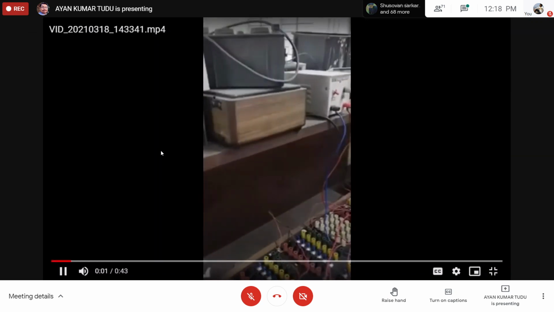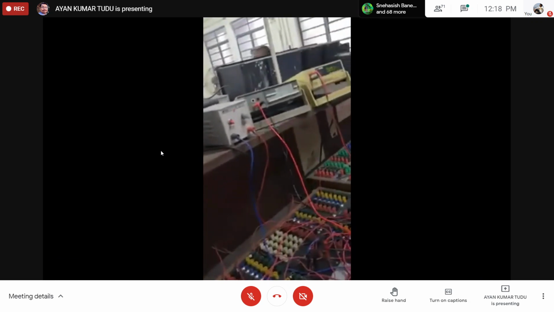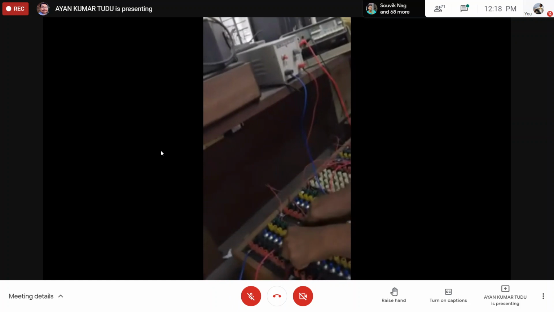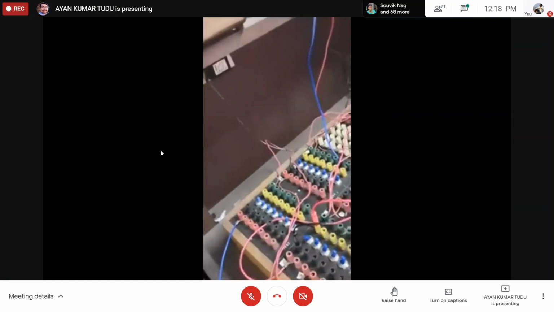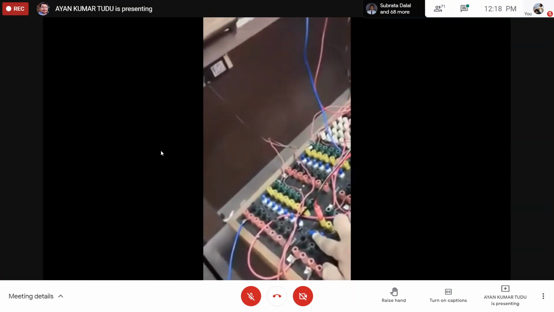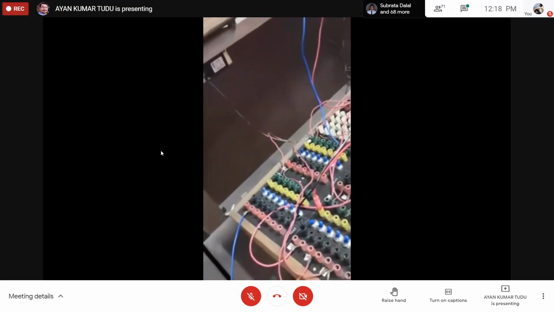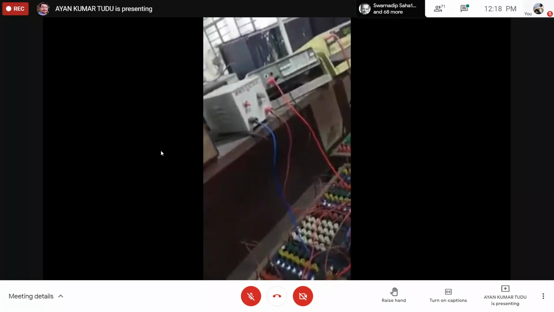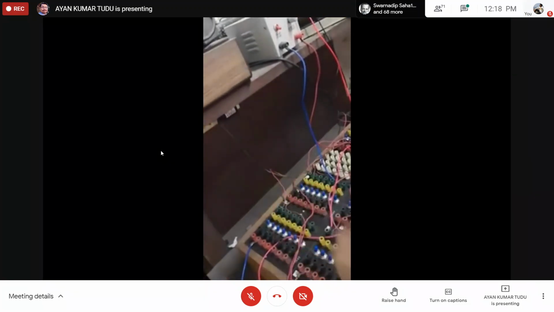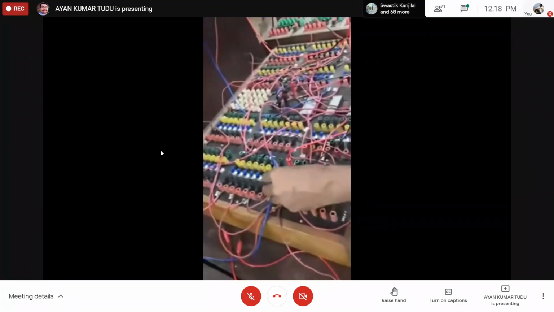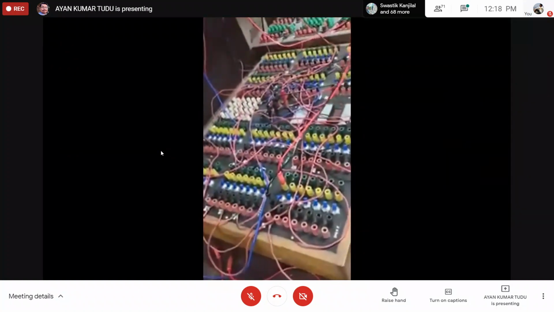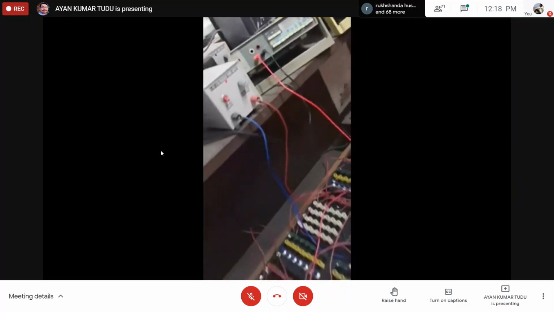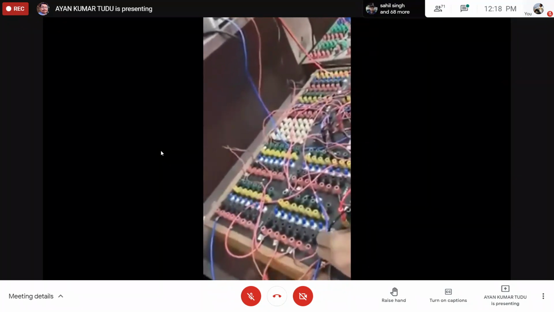Now we will be measuring the current. This is the terminal of the multimeter. First of all, we are measuring IPA. See how the terminal has been changed by this switch. Then we'll be measuring IAB. Next, we'll be measuring IBC.